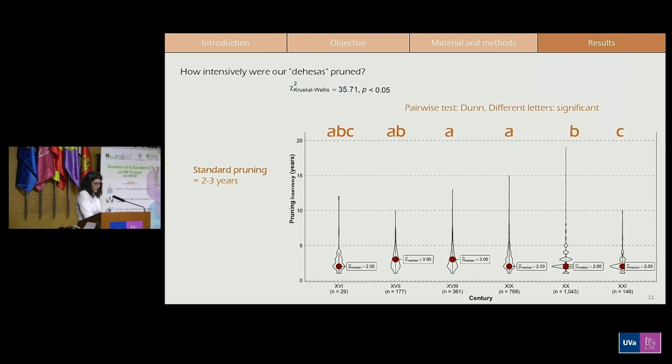The intensity of the pruning also varied across the centuries. In the 17th and 18th centuries, the intensity was on average 3 years, while in the other centuries it was 2 years. Most centuries showed significant difference with the 20th and 21st centuries, except the 16th century.